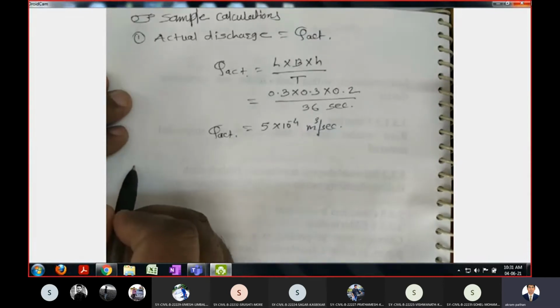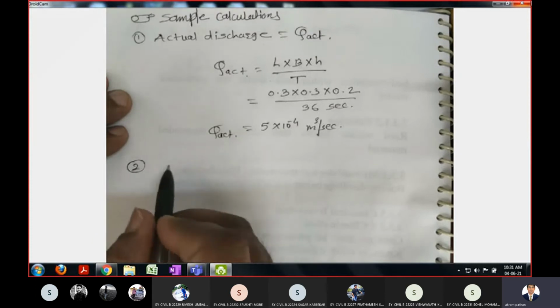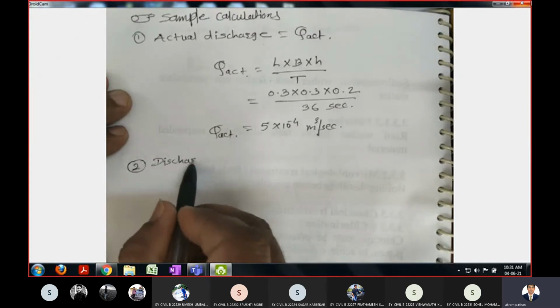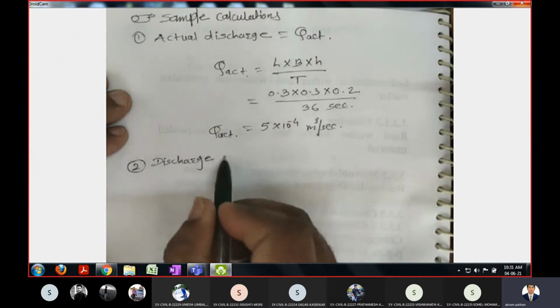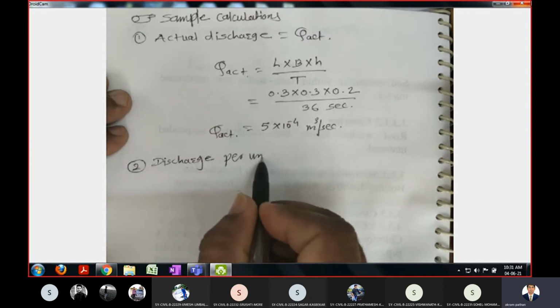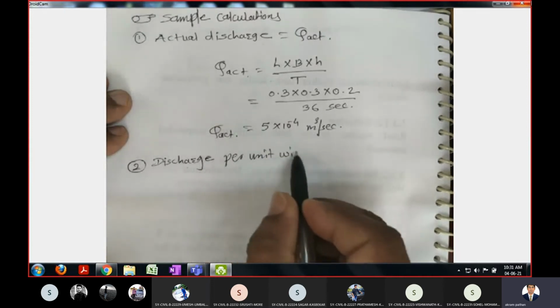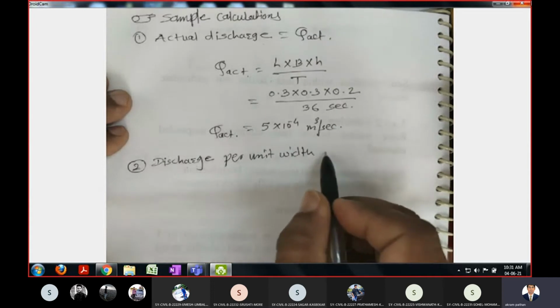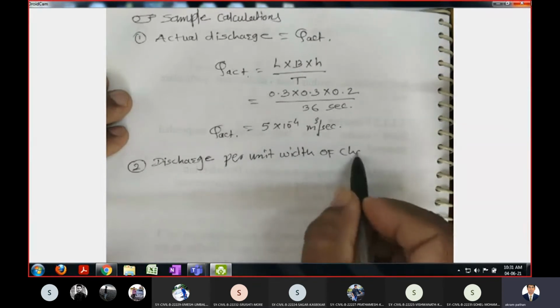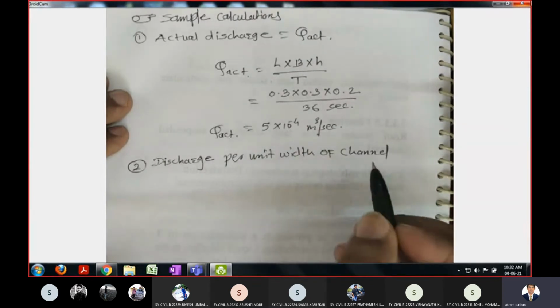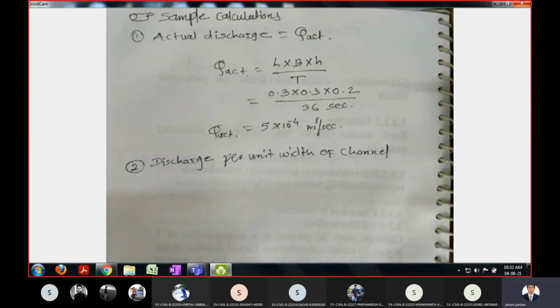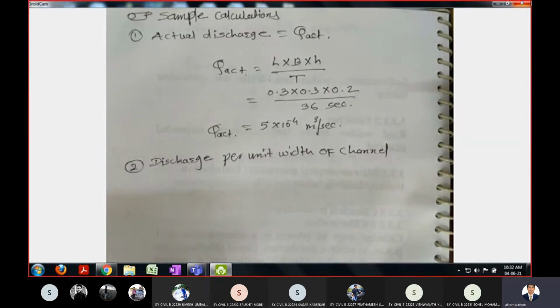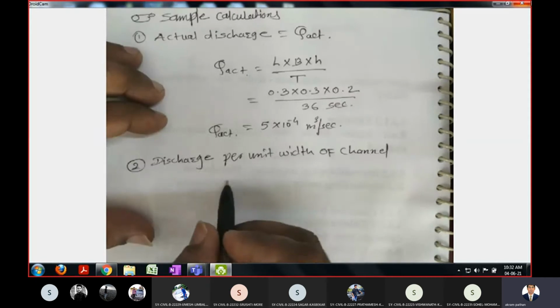Then the second sample calculation we have to do, that is discharge per unit width of channel.